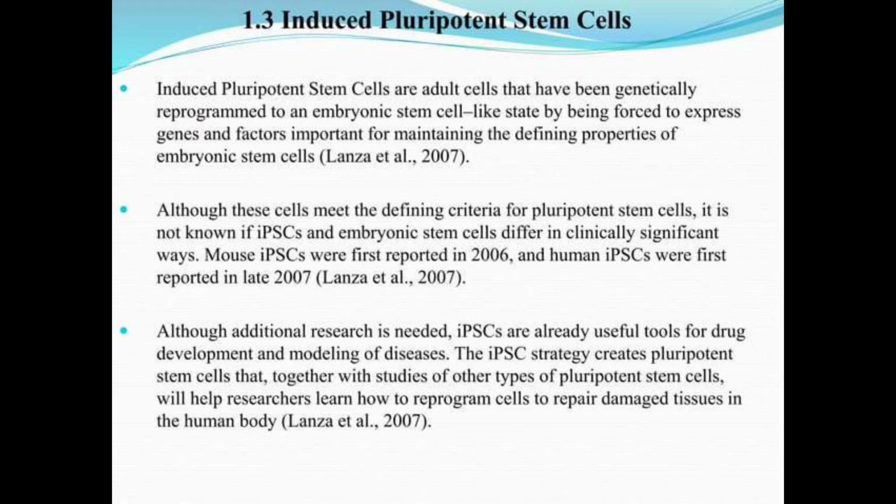But the problem here is that the reprogramming process is meant only to repair the damaged tissue in the human body. On reprogramming, the cell should not transform itself into a cancerous or tumorous cell during treatment.